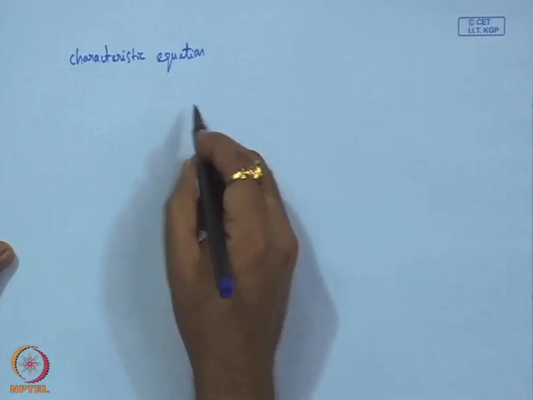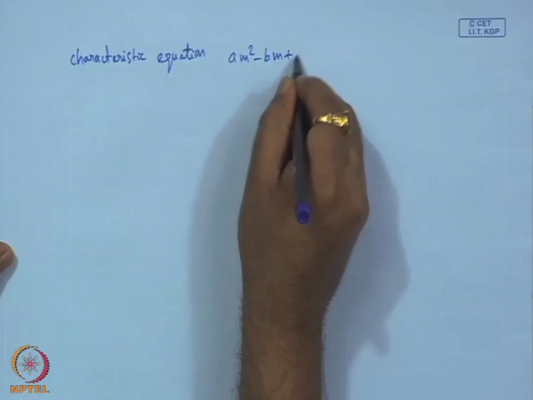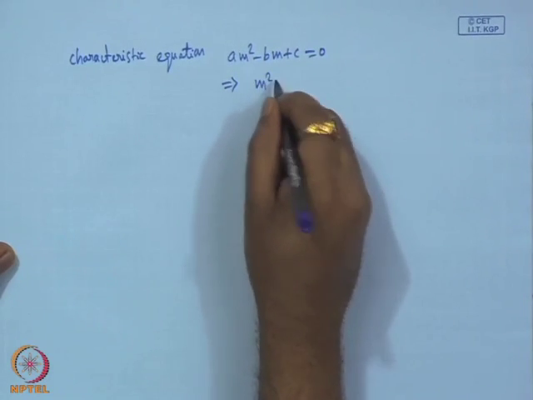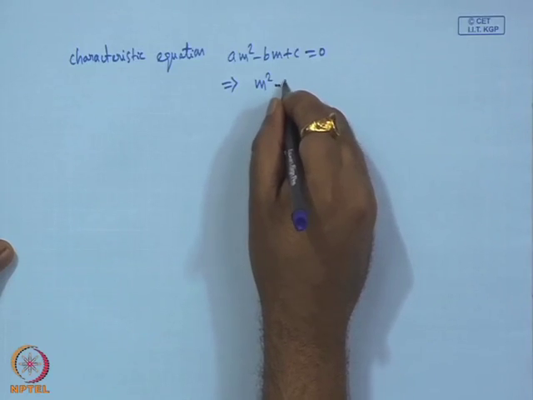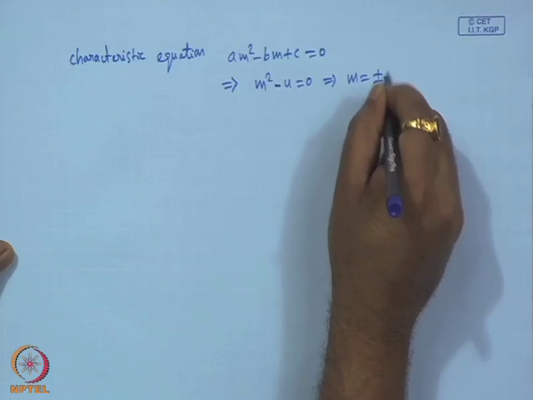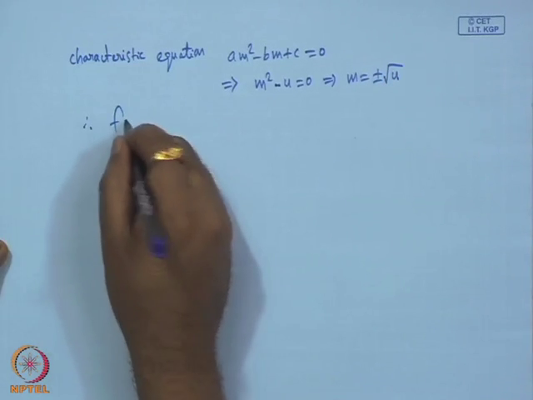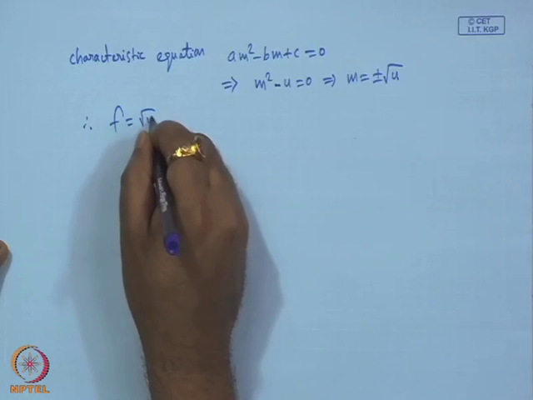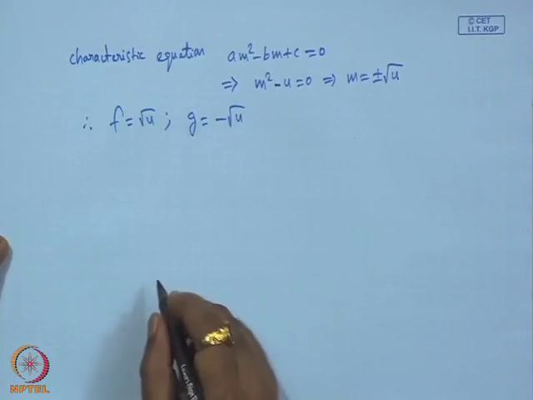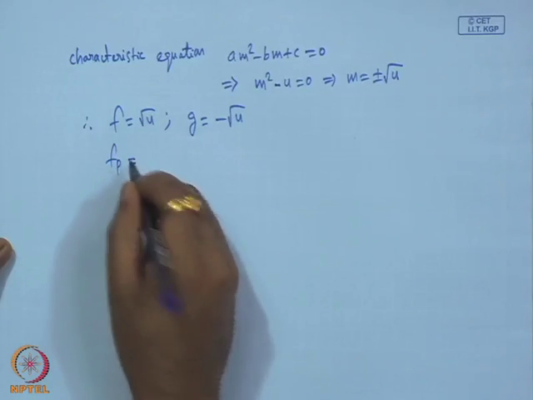Therefore, this implies m square minus u equals 0. Okay. So, therefore, f equals root u and g is minus root u. Okay.